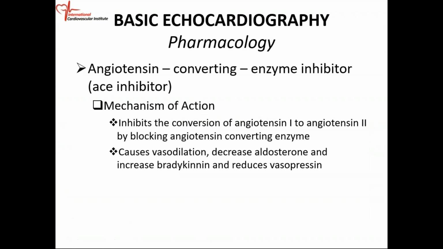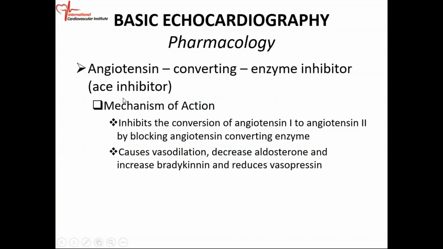Now we come to ACE inhibitors. So we showed you in our schematic how your ACE inhibitor works. It blocks the conversion of angiotensin 1 to angiotensin 2 because ACE, angiotensin converting enzyme, is necessary to convert angiotensin 1 to angiotensin 2.